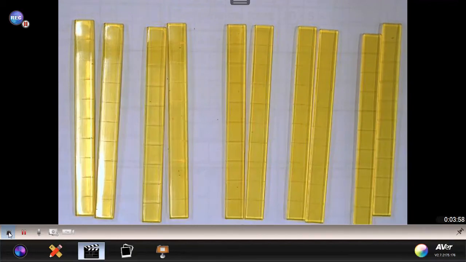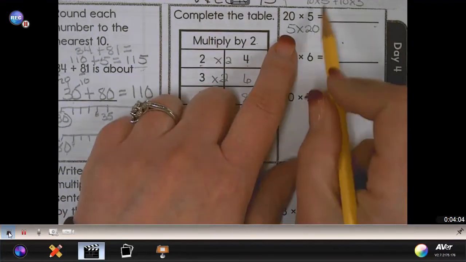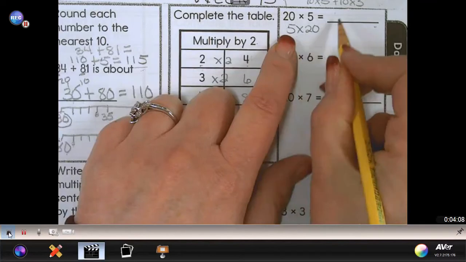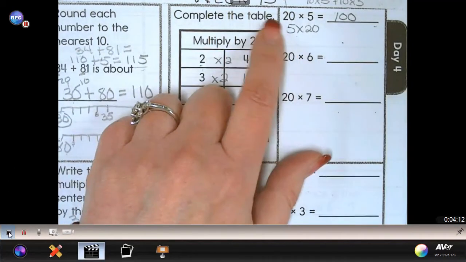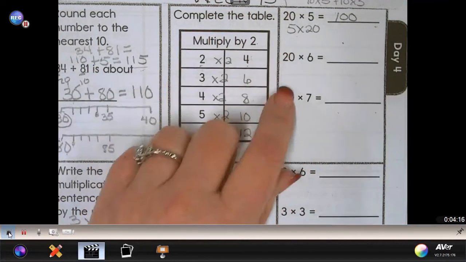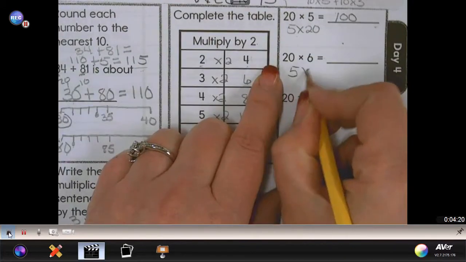So just like we did over here, we could say 50 plus 50, 5 groups of 20 is going to be 100. Now, I could use this 5 times 20 to help me get 6 times 20 by adding one more group of 20.